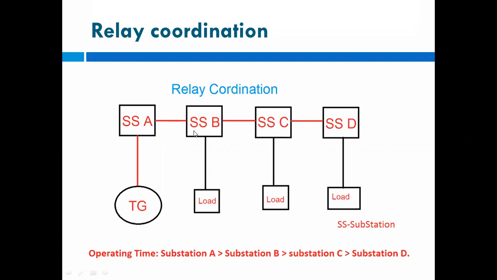So if the fault is occurring between substation C and D, this relay should first operate, and if it is not operating, then the relay between B and C should operate.